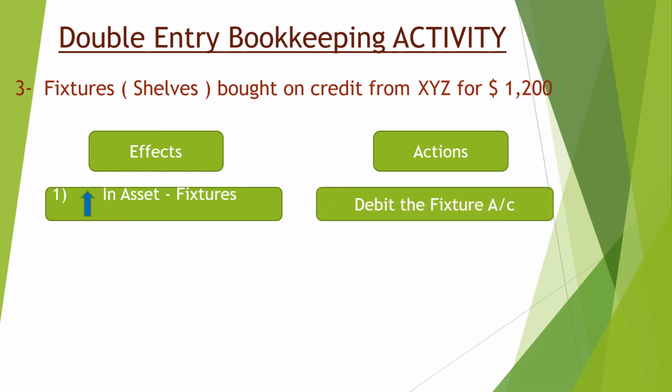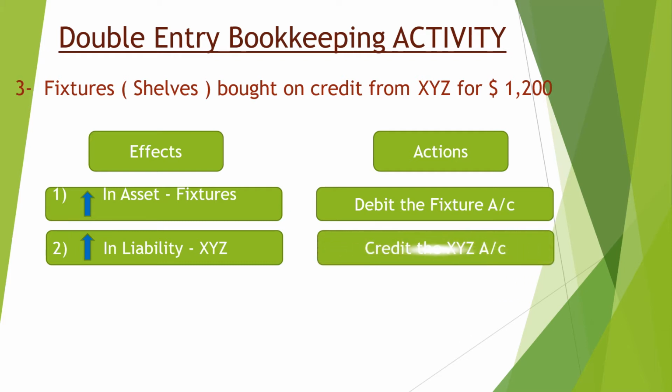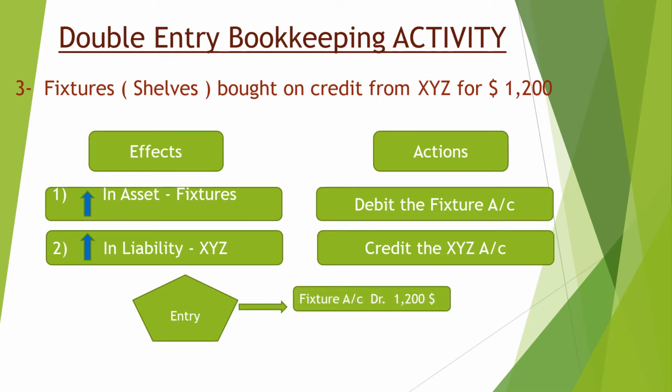So debit the fixture account, and on the other side the liability increases, so we will credit the XYZ account, and the final entry would be fixtures account debit by $1,200 and XYZ account credit by 1,200.